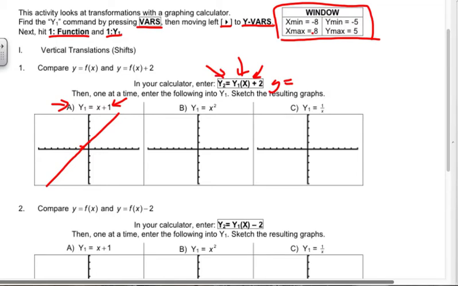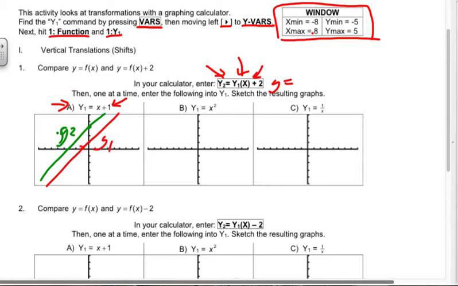What this does is move this graph up 2 units. So it's going to look like this. So this is Y2, and the red one is Y1.